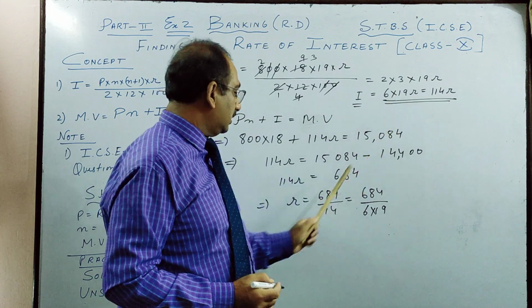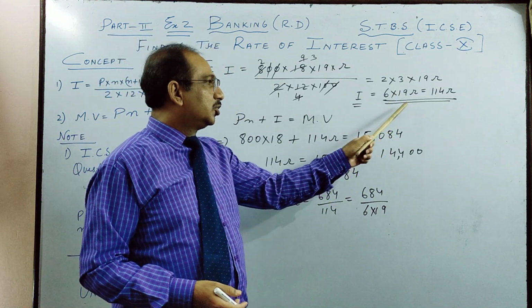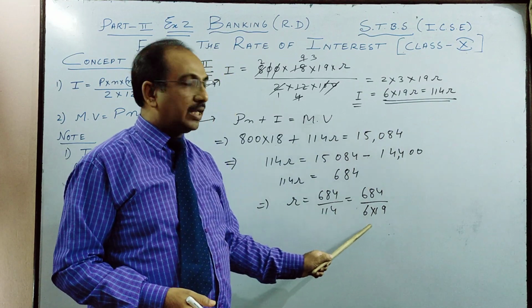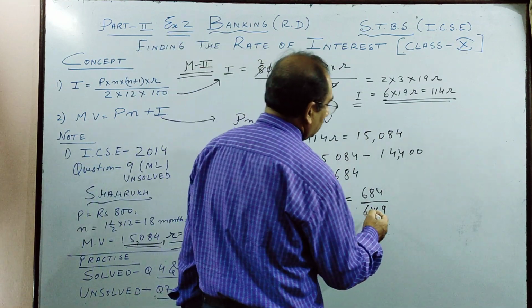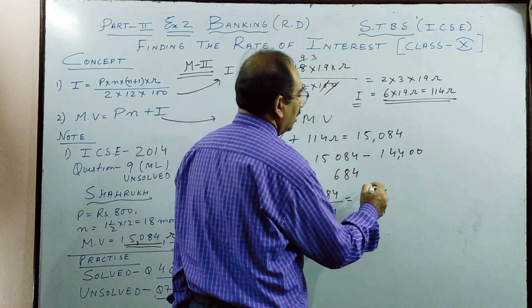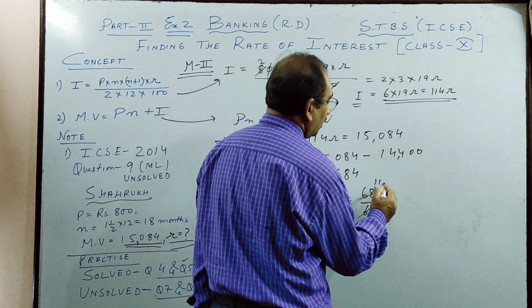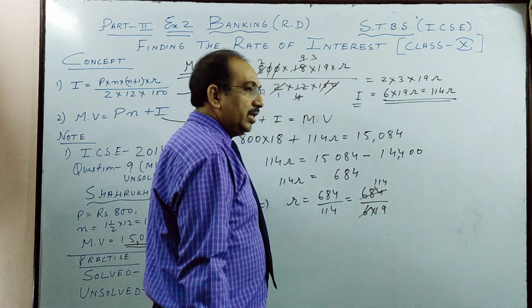Sometimes I write 6 into 19 because ultimately I have to cancel. So 114 is bigger, I write it as a factor. So this you divide by 6. 6 ones are 6, 6 ones are 6, 2 left, 6 fours are 24.